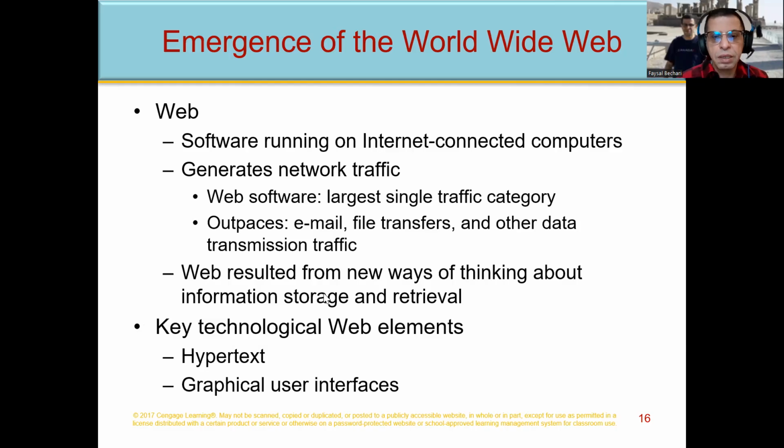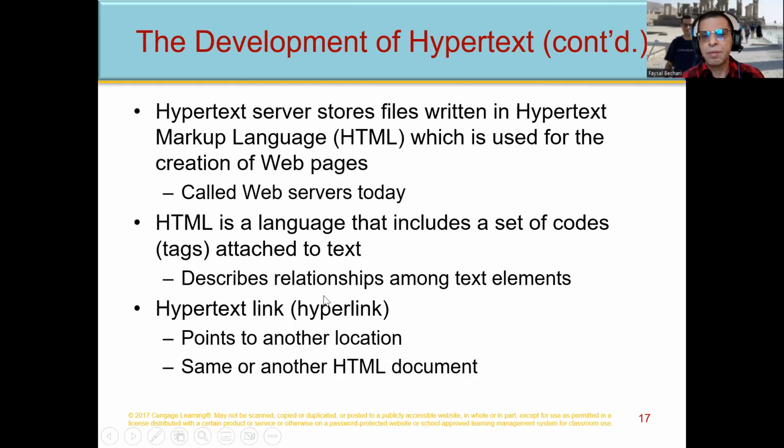Basically, there are hypertext servers. It's about storing files written in hypertext markup language, which is called HTML, which is used for the creation of web pages. You don't need to go into details on that. These are what we call web servers.